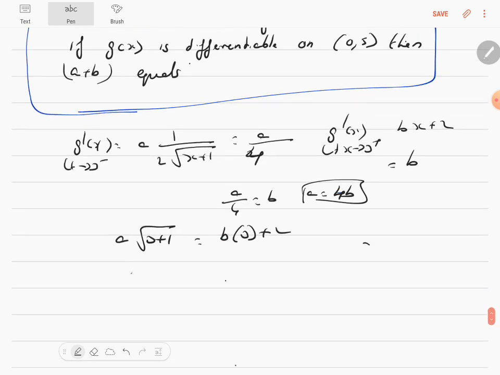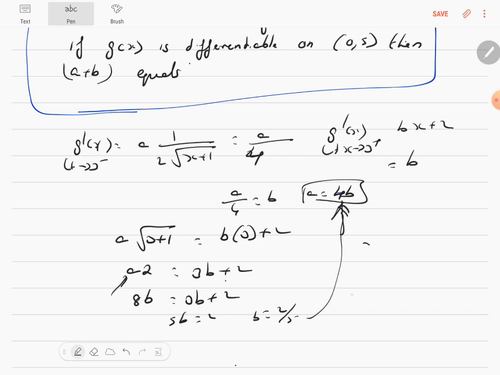So it's 2a is equal to 3b plus 2, and you already know a is equal to 4b, so it will become 8b is equal to 3b plus 2. Take it that side, 5b is equal to 2, b is equal to 2 by 5. Do we have any option? You found a and you found b. You can write what is a: 4 2s are 8 by 5. Thus a plus b is 10 by 5, and thus the answer is 2.